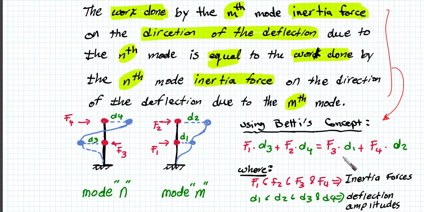Do you understand this? The color code would help you understand which forces we're talking about. F1 and F2 are related to mode M, F3 and F4 related to mode N. D3 and D4 are related to mode N, and D1 and D2 related to mode M. So this is the meaning of Betti's theorem.